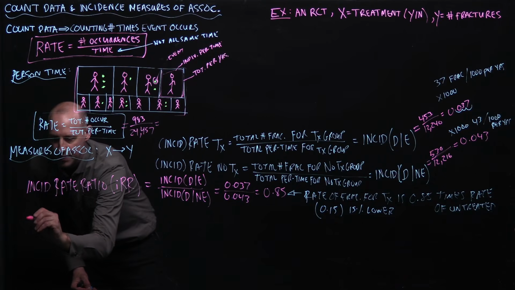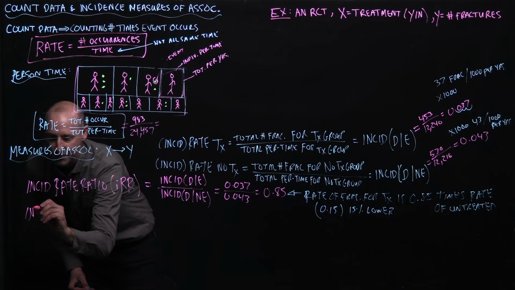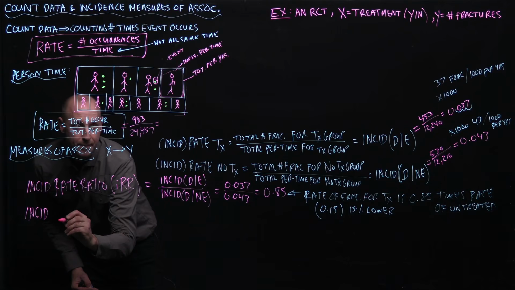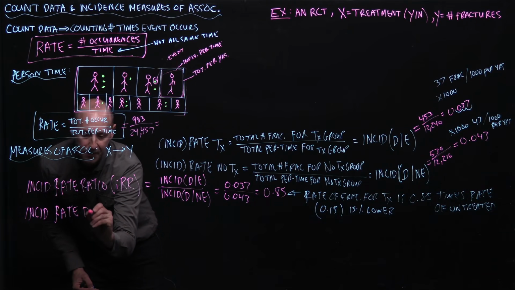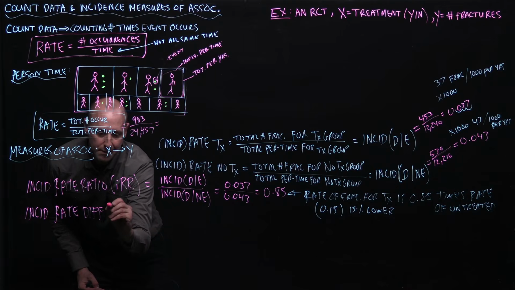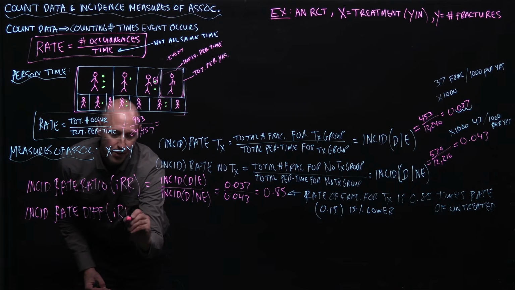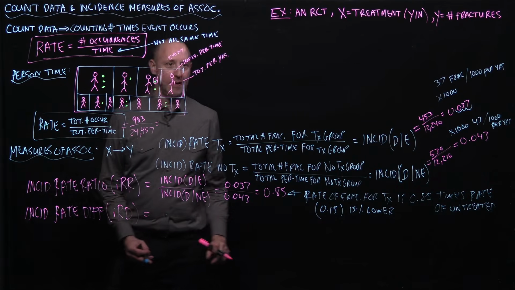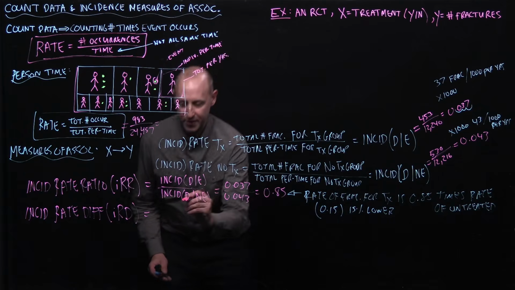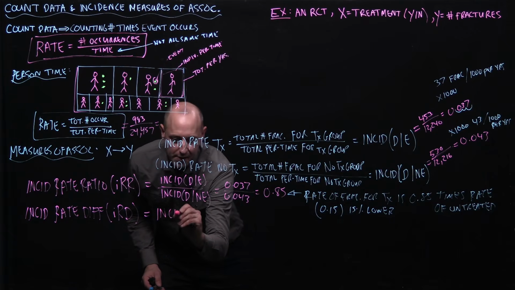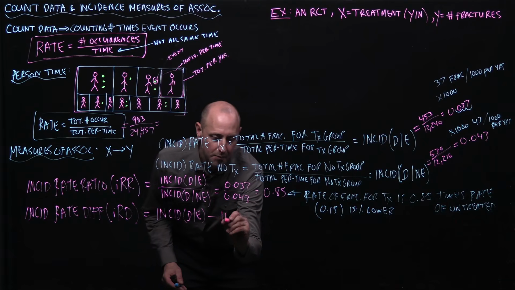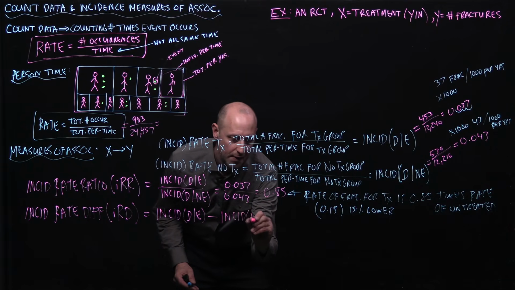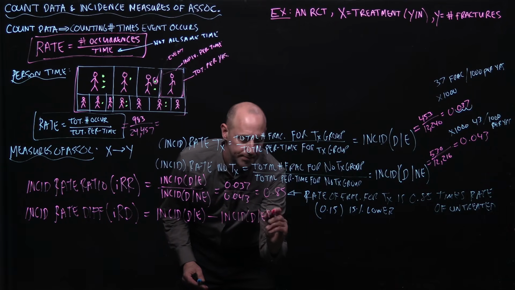We can also look at the other measure of association, the incidence rate difference. Right, and I'm going to write this iRD. Right, so rather than taking the ratio of these, we can take their difference. The incidence of disease given exposed minus the incidence of disease given not exposed.